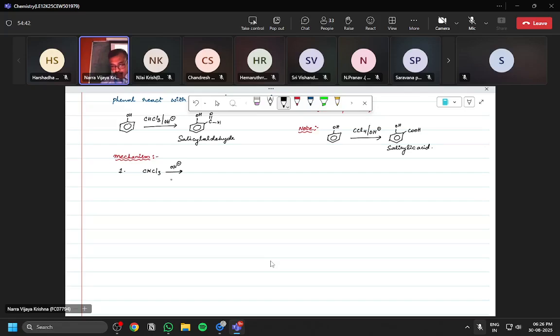This OH minus pulls H plus to form H2O. If H plus is lost, it leads to the formation of CCl3 minus. Correct? Now this CCl3 minus will lose a Cl minus, leading to the formation of CCl2. This is nothing but carbene. This is step 1.